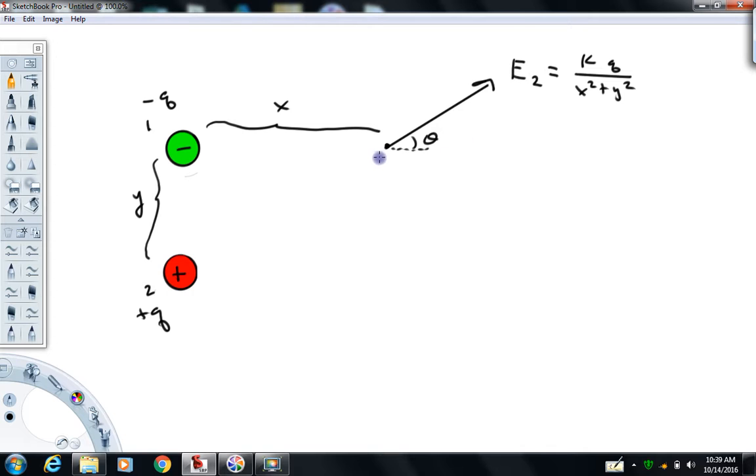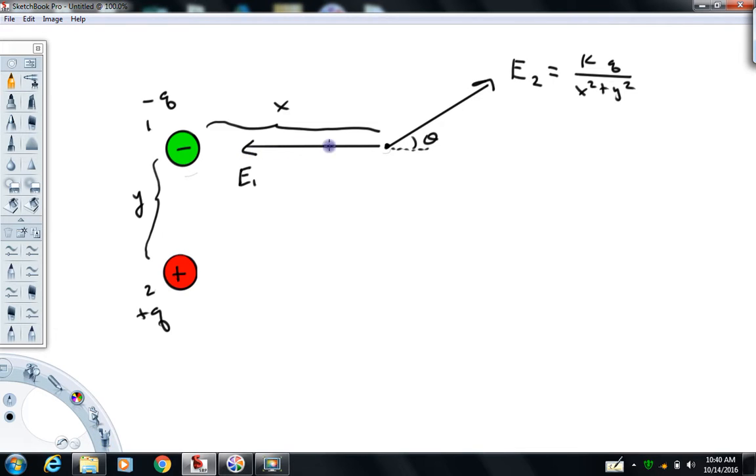Right now, next we're going to draw an electric field vector at this point due to this charge. So we imagine putting a small positive test charge here. This charge will attract it. Therefore, the force direction will be left, and therefore the electric field vector here due to this charge is to the left. And I'm going to call that E1.